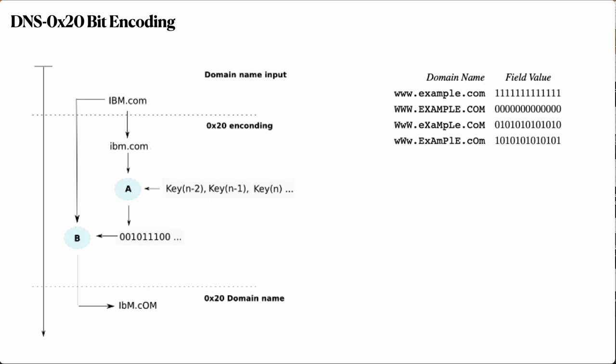Since the cipher block is no shorter than the original query in terms of bytes, bits are read in sequential fashion from the cipher block, and the query field is read one byte at a time. This produces a 0x20 encoded domain name, which will be sent to an authoritative server.